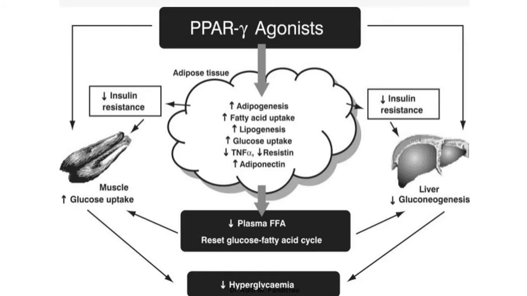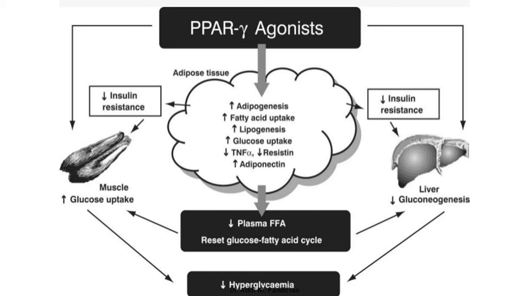In this diagram, you can see how these PPAR gamma agonists, TZDs, thiazolidinediones act. They act on the adipose tissue. They are going to increase the adipogenesis, increase fatty acid uptake, increase lipogenesis, increase glucose uptake, and decrease tumor necrosis factor alpha and adiponectin.